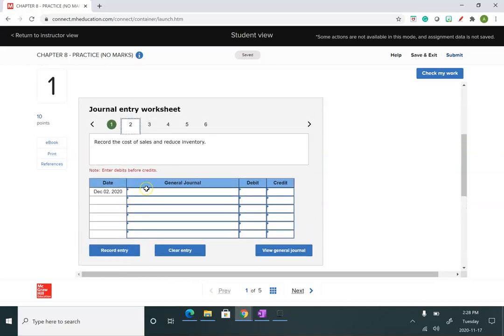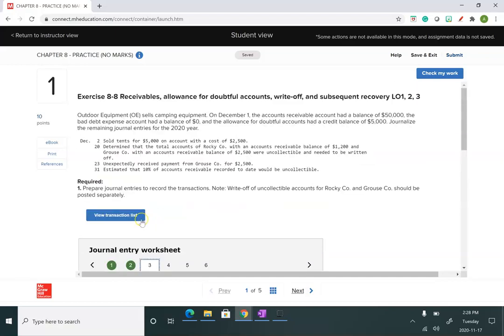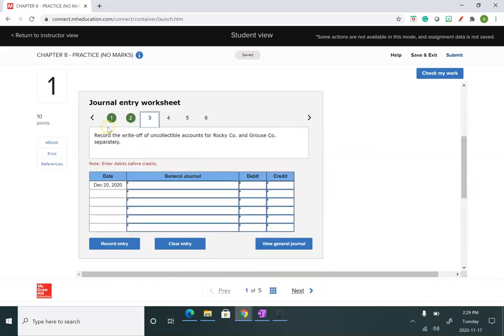And then I'm going to record the cost of the sale. So again, it's just cost of goods sold, and then take it out of your inventory. And that's for the $2,500. And let's just double check that. And what I'm going to do is post in the T accounts every time I make a journal entry.